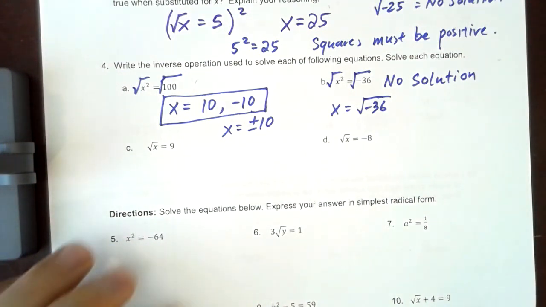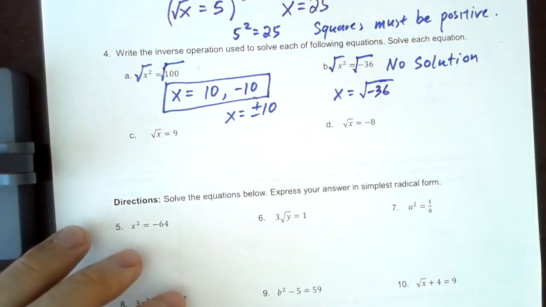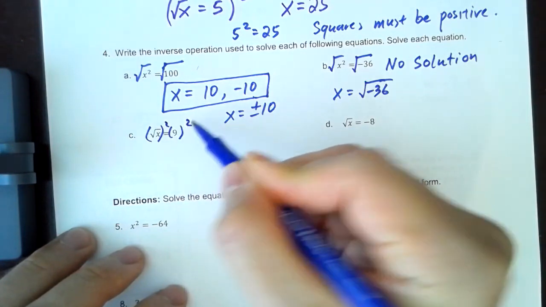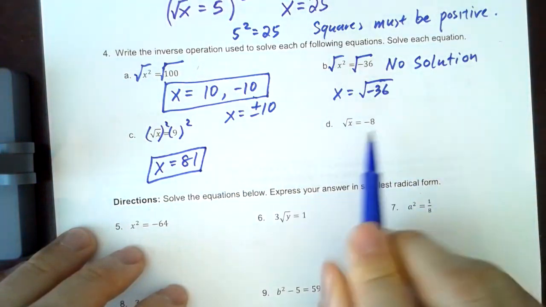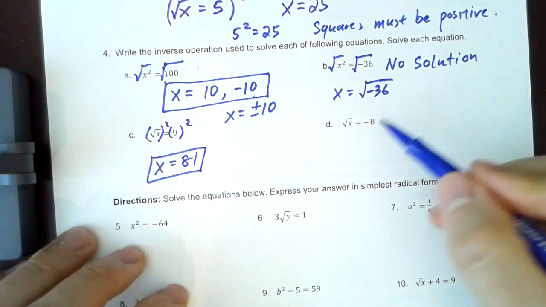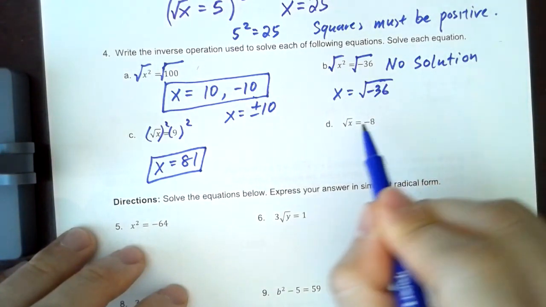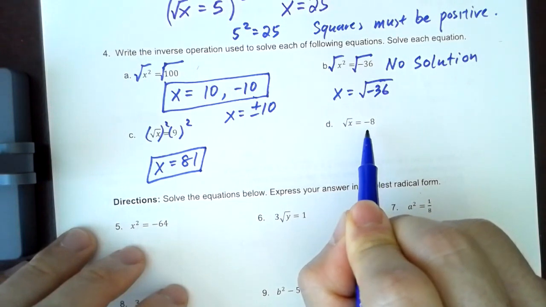Okay. Here, again, you probably can do this on your own at this point. But I'm going to square both sides. You get x is equal to 81. That's your final answer. Here, D is similar to letter B, right? How could you have a square root ever equal a negative, right?